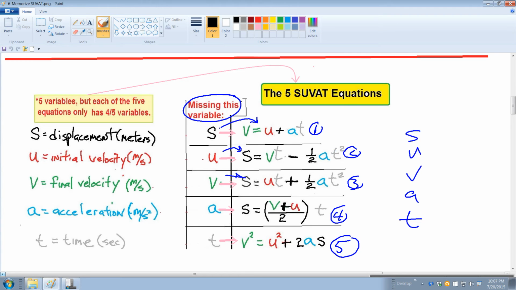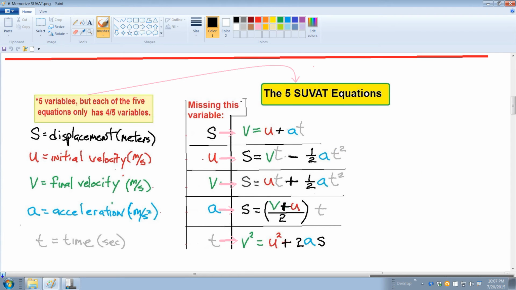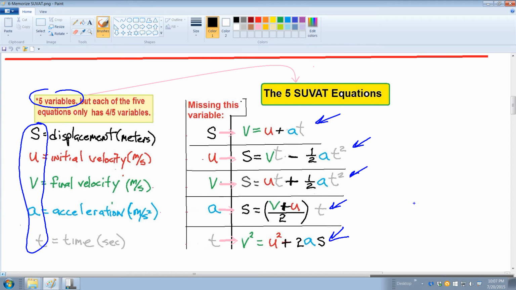Now notice that there are 5 variables in any kinematic equation, and that each of these equations only has 4 variables, and there's always one that's missing, which is going to be next to it.